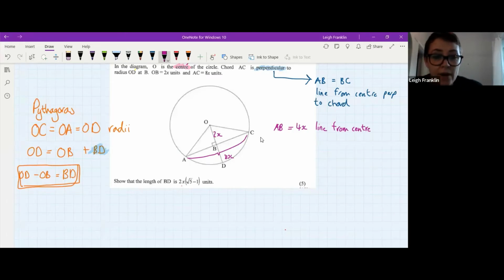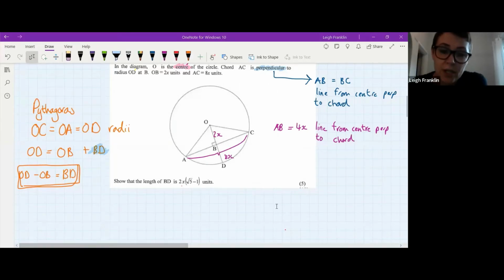Yes, Zakira, this is grade 11 and grade 12 together. So the line from center that's perpendicular to the chord cuts the chord in half, or bisects the chord. That is why AB is equal to 4x.